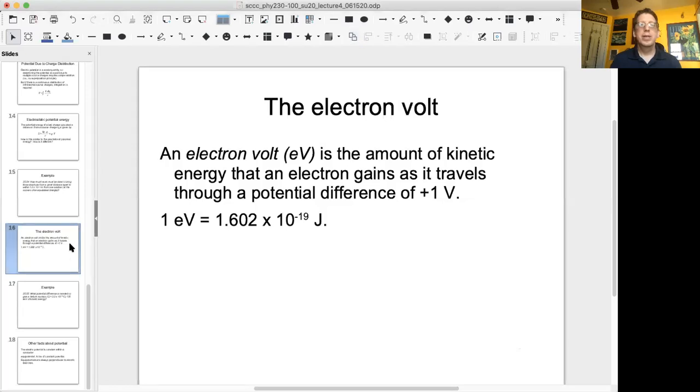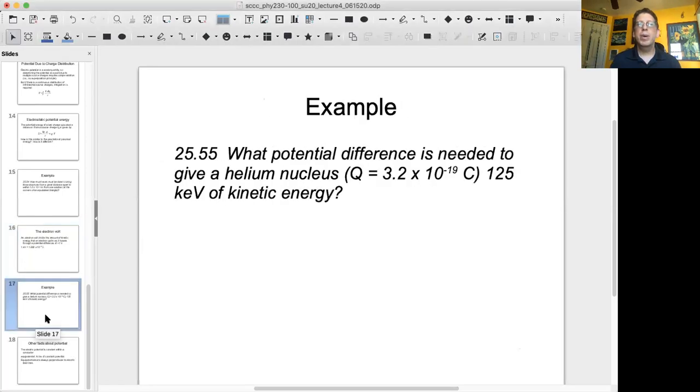Okay, I'm back again. So let's go to an example. What potential difference is needed to give a helium nucleus 125 kiloelectron volts of kinetic energy? For those of you who don't know, a helium nucleus is an alpha particle, so this is important as far as radiation goes.